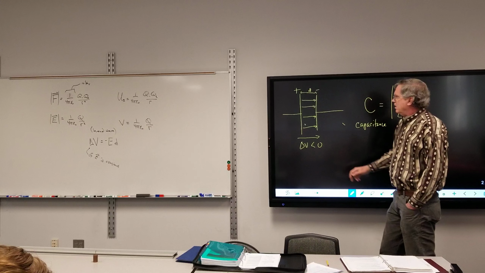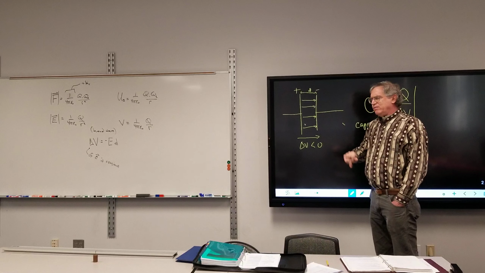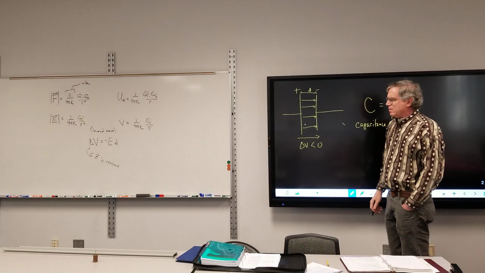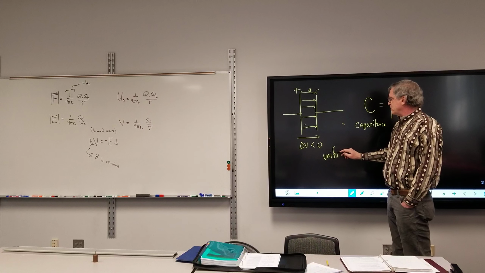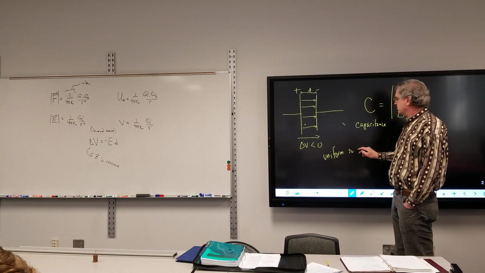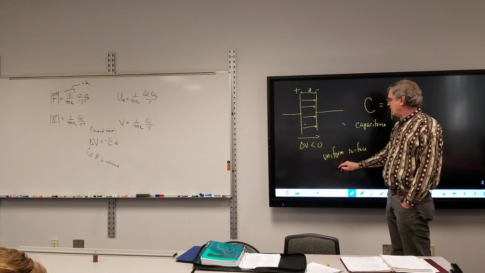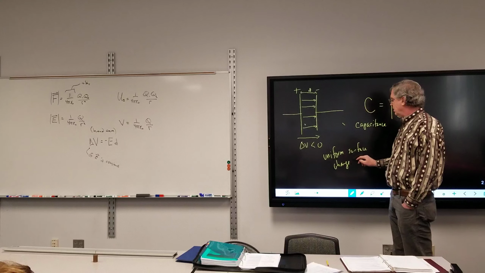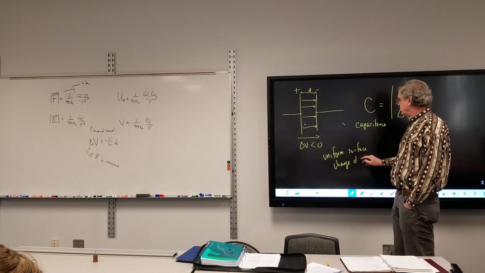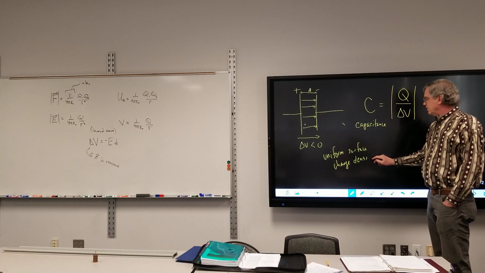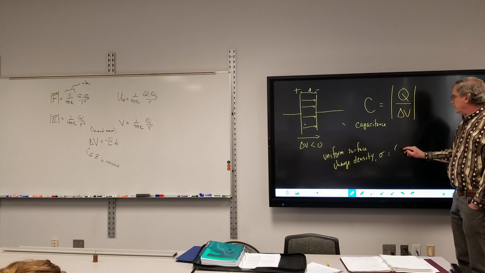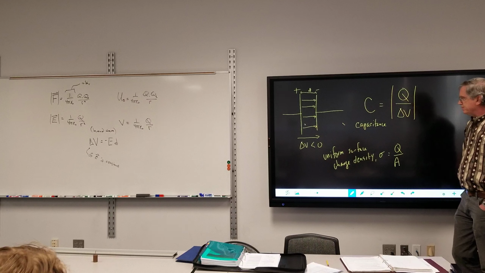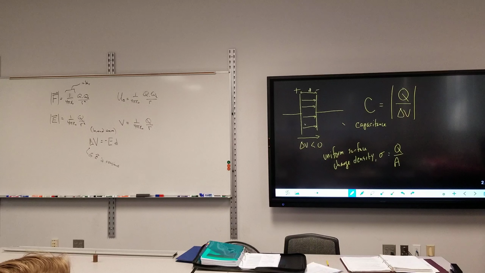If I have on the plates an even distribution, which is an assumption that we will make, so a uniform surface charge density, that is charge, not change, density sigma, that's going to be equal to Q over A. So no matter where I am, it's the same.